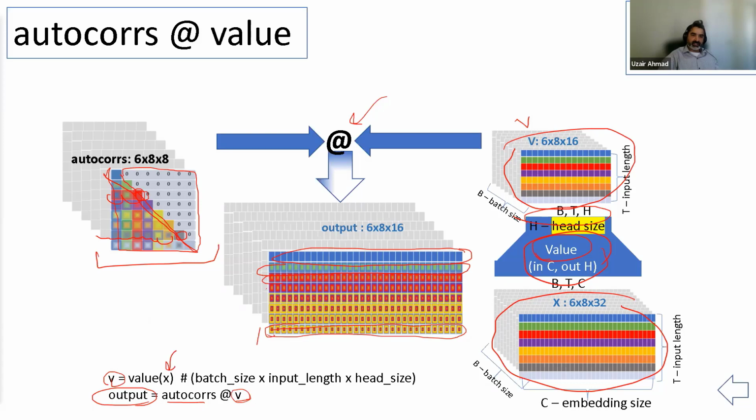And then we get the new representation. This output of our self-attention head will go through another linear projection, which will take this input and put it in vocabulary size space.